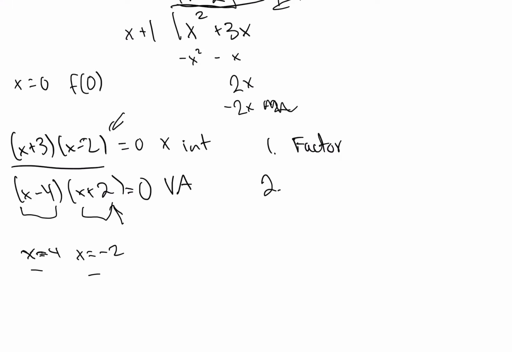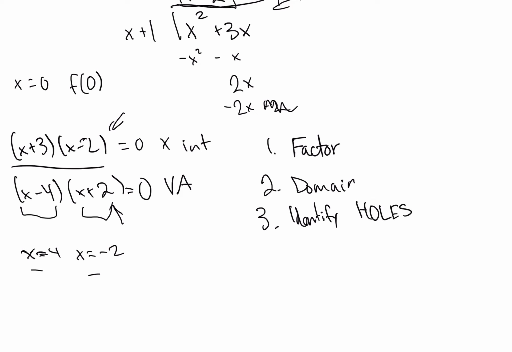And then third, you identify any holes, by seeing your factored rational function and canceling things out. Fourth, you identify your intercepts. Then you can identify your asymptotes.